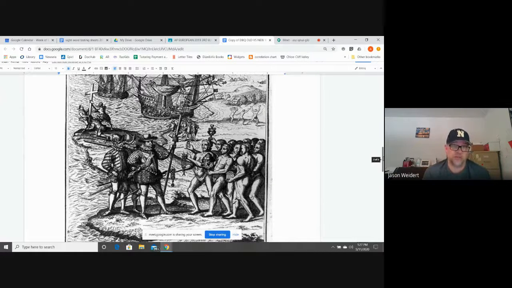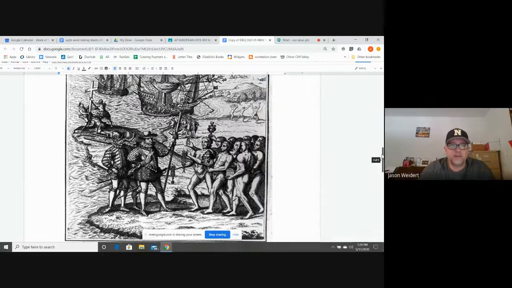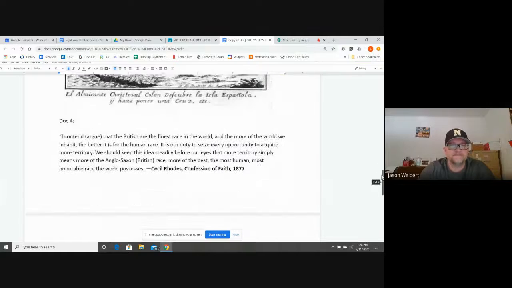This might be how the Spanish want to look at it, but these Native Americans were not super pleased that these invaders were showing up. So I would basically say the reason I think it's biased is because it's drawn by a European, and it portrays the Native Americans as people that can't wait for the Europeans to show up. So that's probably how I would play that one out.